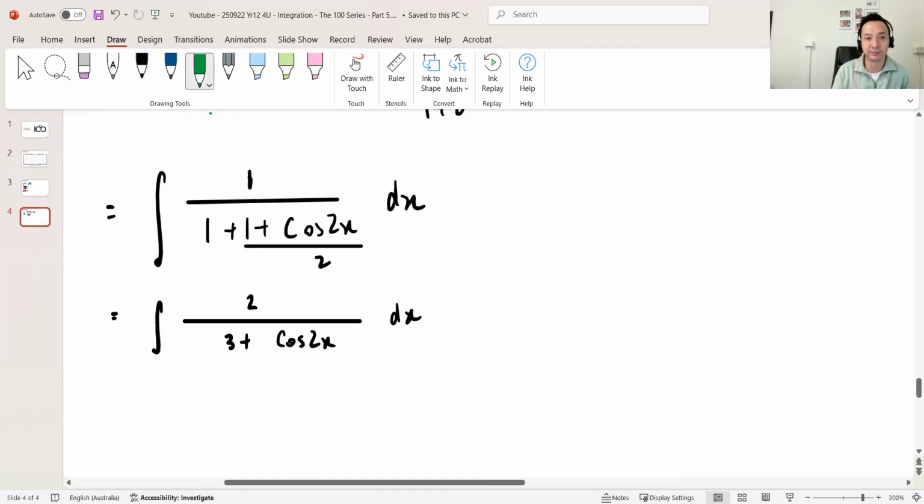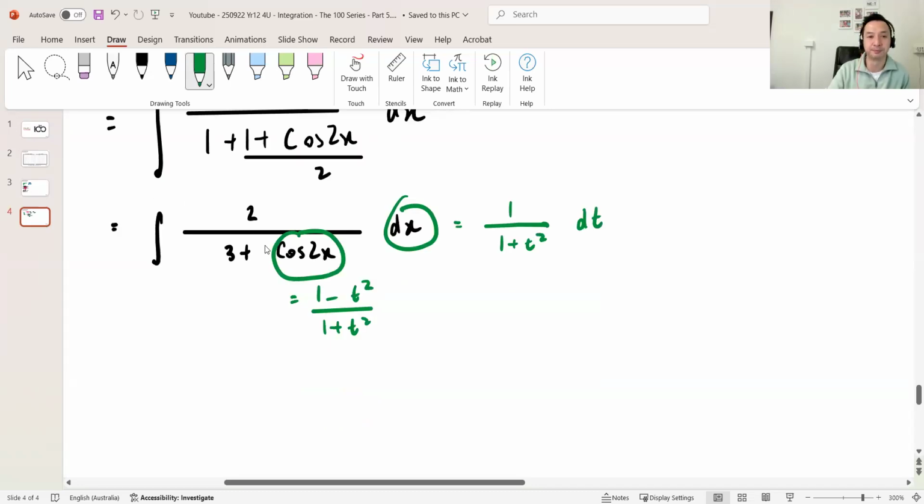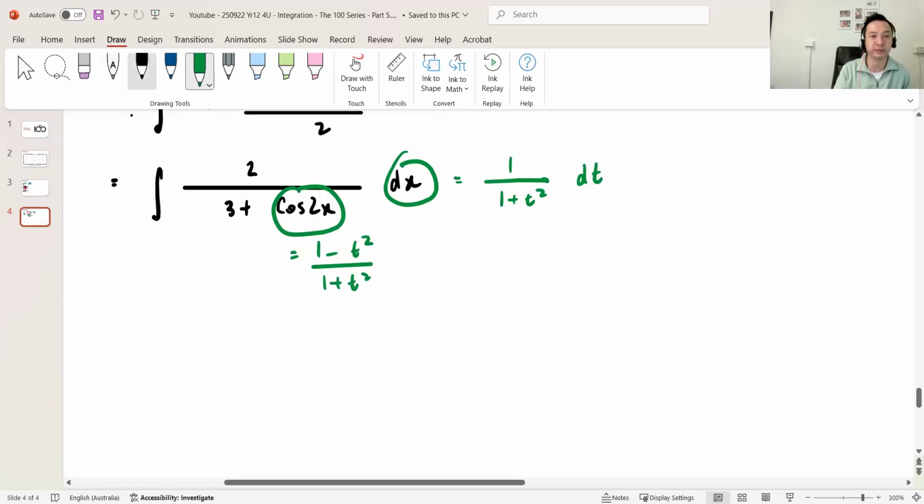All right, now let's replace that with t result. That's the cos version. This guy gets replaced with 1 over 1 plus t squared dt. Yep. Now, let's see if this is right.